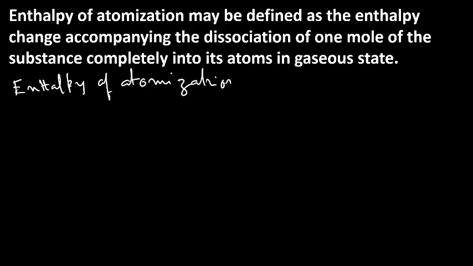Enthalpy of atomization. Enthalpy of atomization is defined as the enthalpy change accompanying the dissociation of 1 mole of the substance completely into its atoms in gaseous state. Now let us take an example for this enthalpy of atomization. Enthalpy of atomization of hydrogen.